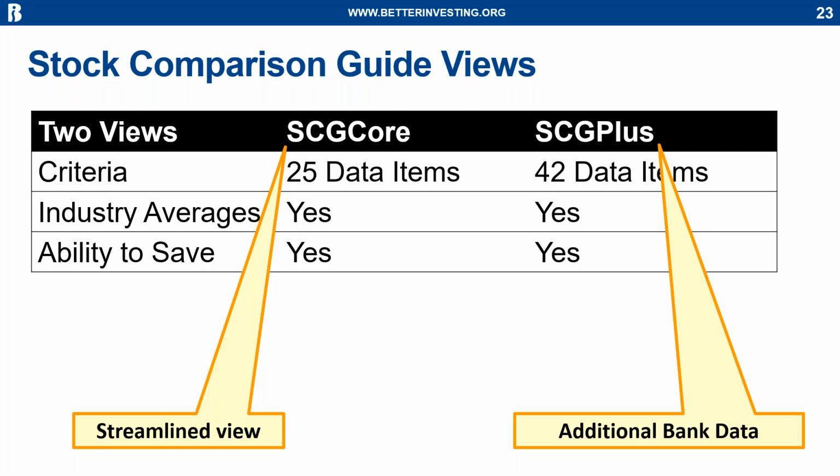They both offer industry averages, and you can save both comparison guides. And let's say you worked completely in SCG Plus, all of the highlighting on those additional rows is saved. And we'll return if you look at that view.